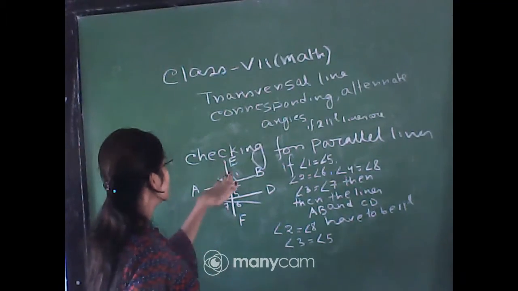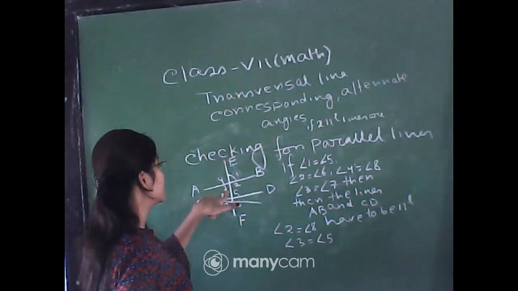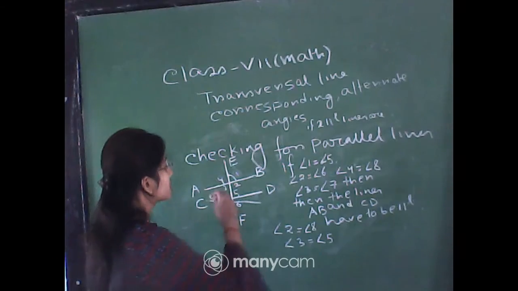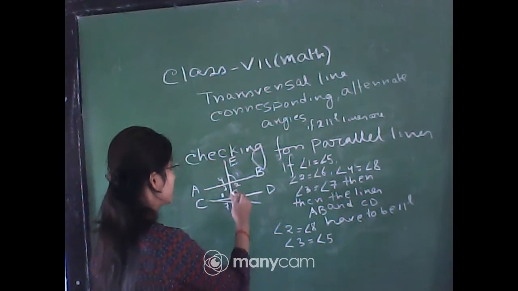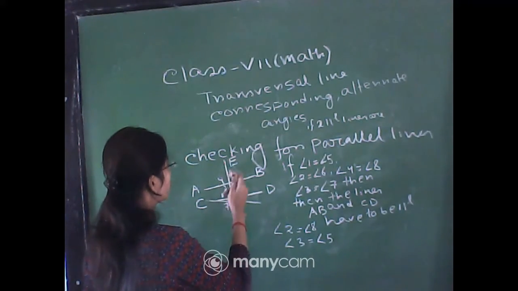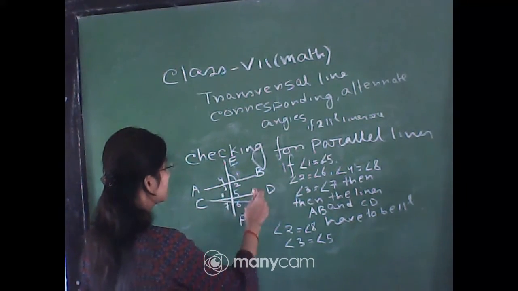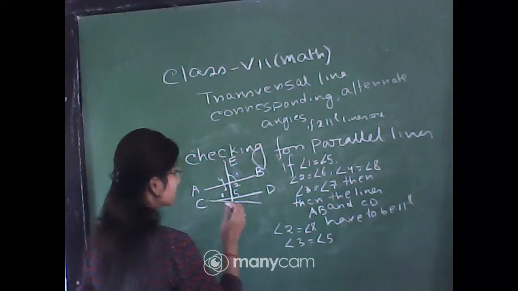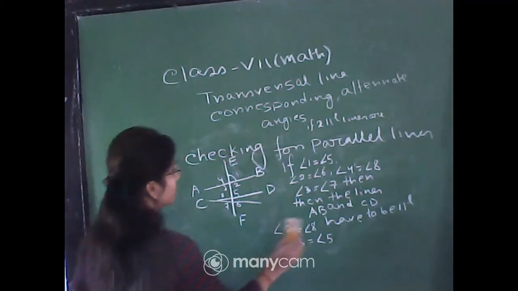Also, if the sum of the interior angles which are on the same side of the transversal line is 180 degrees, then we can say that AB and CD are parallel.